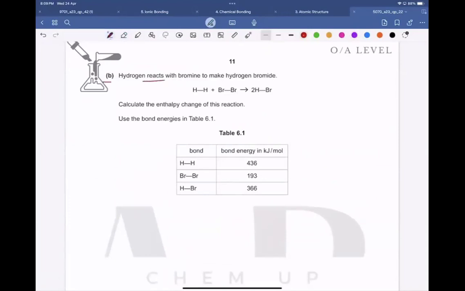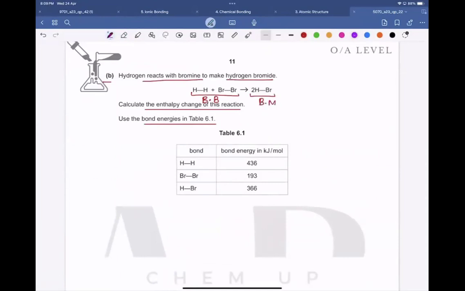Now part B. Hydrogen reacts with bromine to make hydrogen bromide. Calculate the enthalpy change for this reaction. Use the bond energies in table 6.1. The bonds on the reactant side are the ones which are broken, so I'm going to represent them with BB. The bonds on the product side, on the right side, are the bonds which are made, so I'm going to write BM.